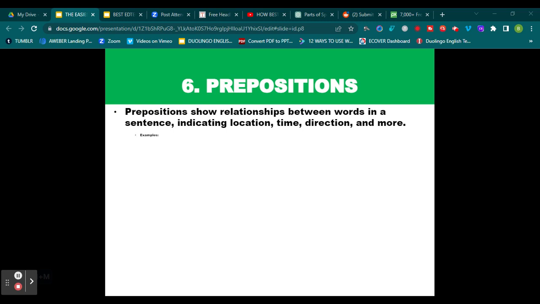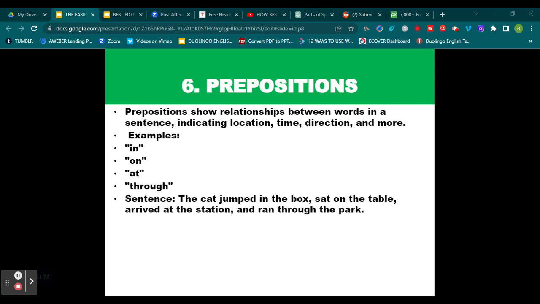Some examples of prepositions include in, on, at, and through. Let's look at examples in a sentence. The cat jumped in the box, sat on the table, arrived at the station, and ran through the park.